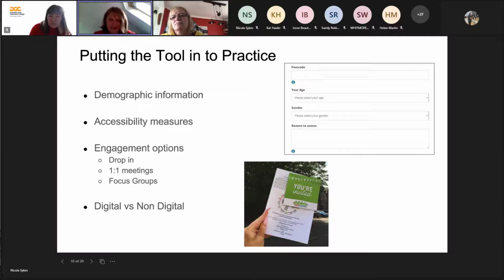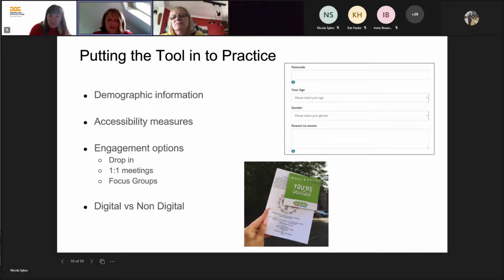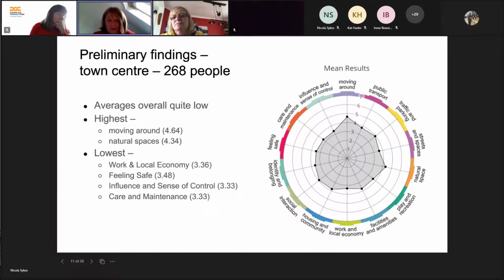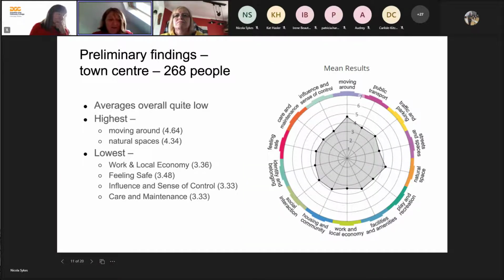One of the biggest successes we had was Weatherstone's breakfast. We went in the morning, and loads and loads of people filled it in. We did drop-ins, one-to-one meetings, and focus groups, in digital and non-digital versions. In total, 268 people took part in the first stage of the analysis.